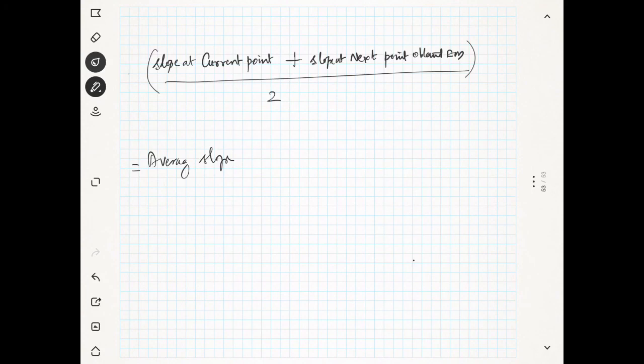In general, yn plus 1 is equal to yn plus h by 2 into f of xn yn plus f of xn plus 1 yn plus 1.